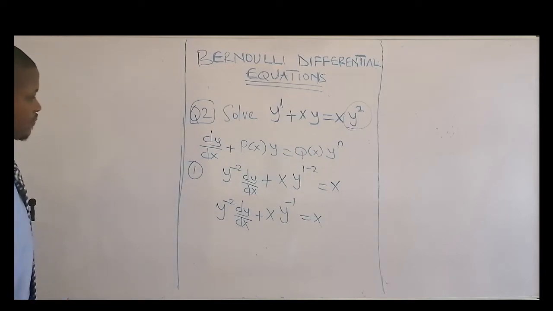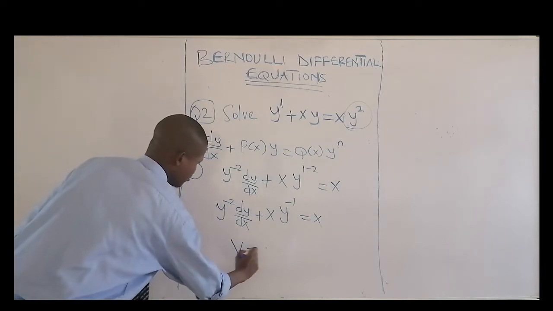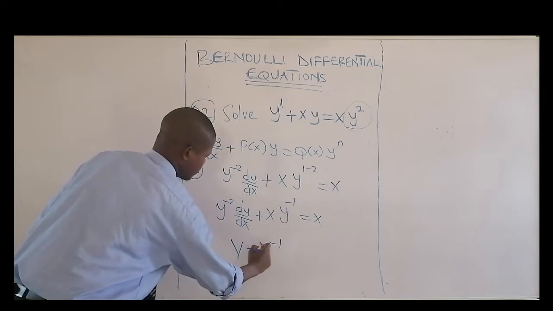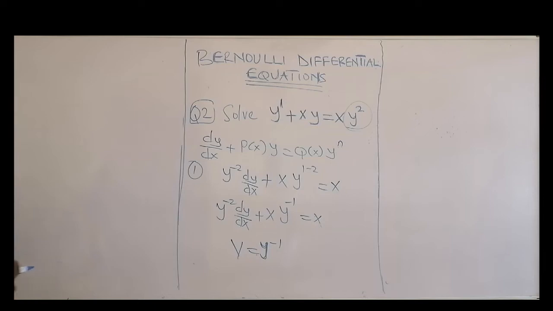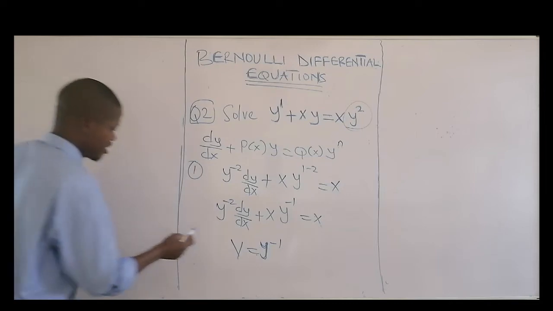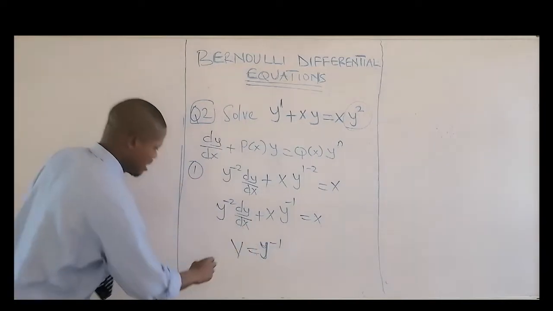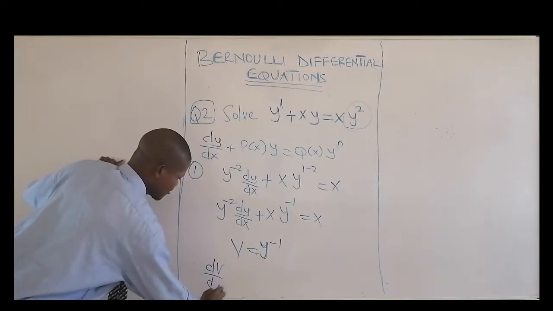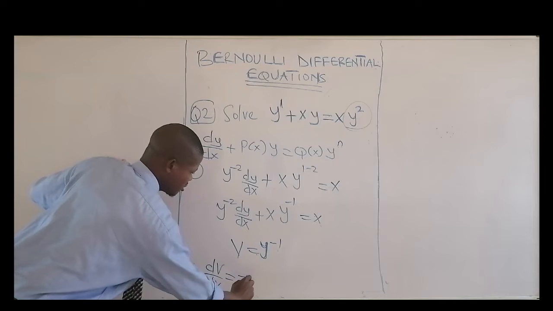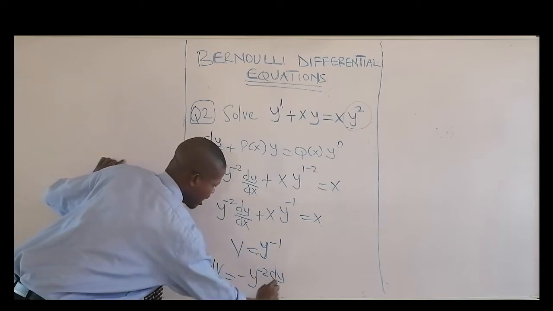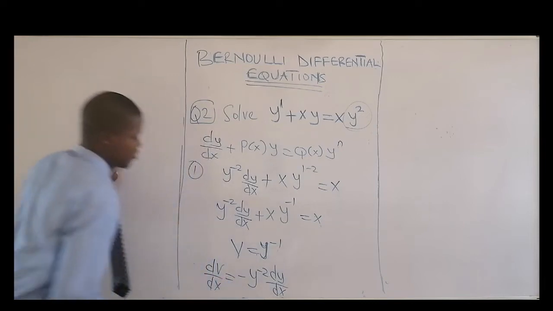Then the next thing to do is substitution: v equals y^-1. Don't forget the note on the procedure for Bernoulli equation. So differentiate this v implicitly with respect to x, and that will be dv/dx equal to -1 coming to the front, y^-2, dy/dx.